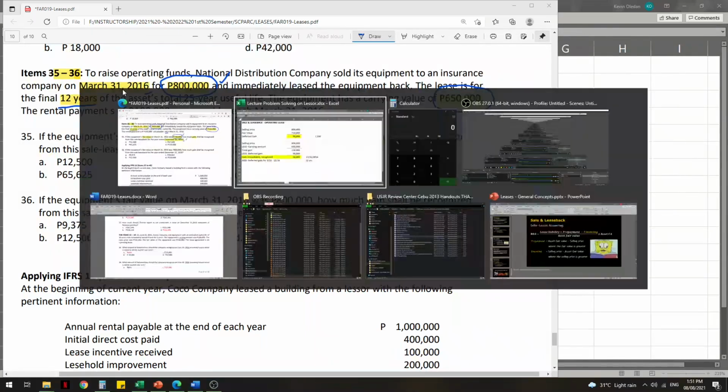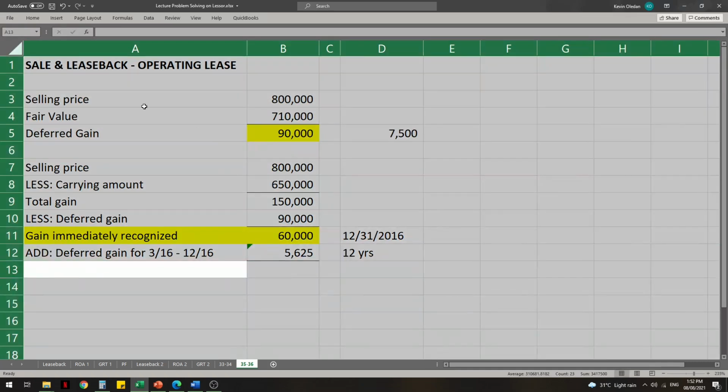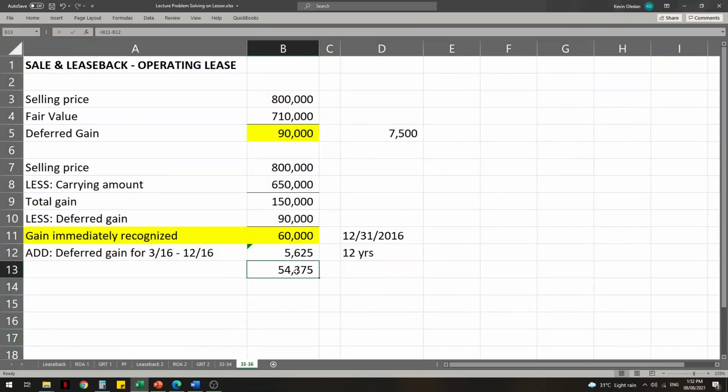Ibig sabihin, if I would count the months, that is 12 years, 9 over 12. Computing right now, the 7.5 na annual, you will have to multiply it by 9 months over 12. Para makuha po natin ano yung amount of gain that is the amortization ng 90,000 for 2016. 9 months is 5,625. And when I add that, I will get, na minus ko tuloy.